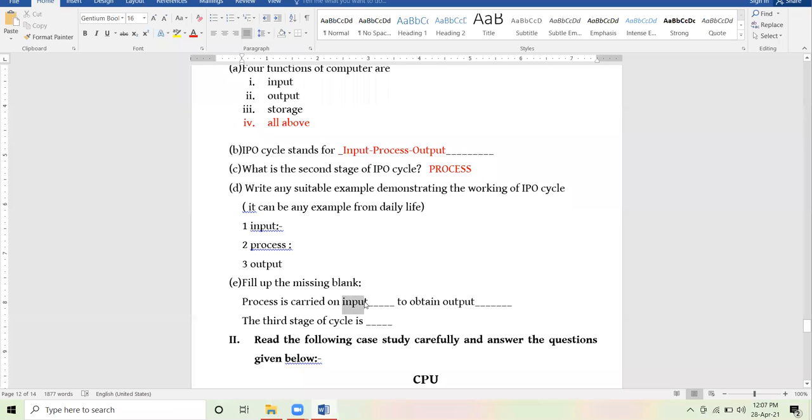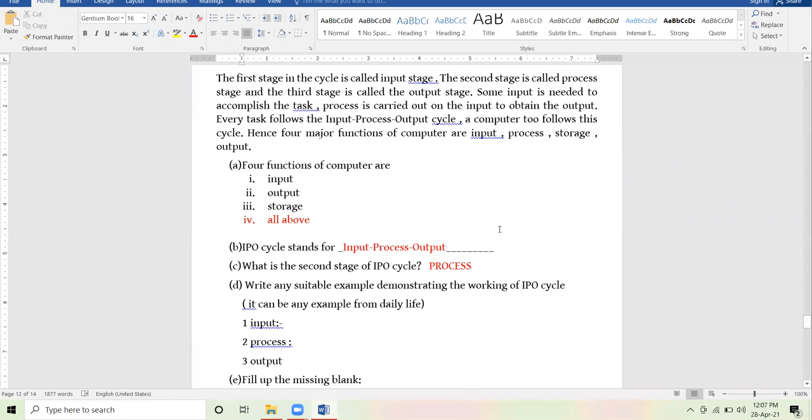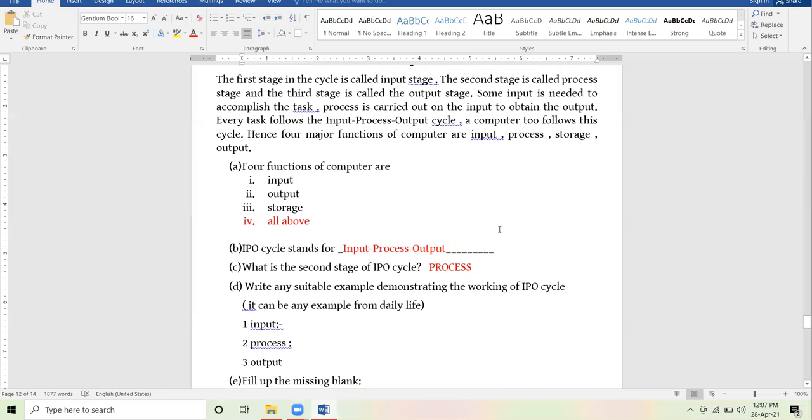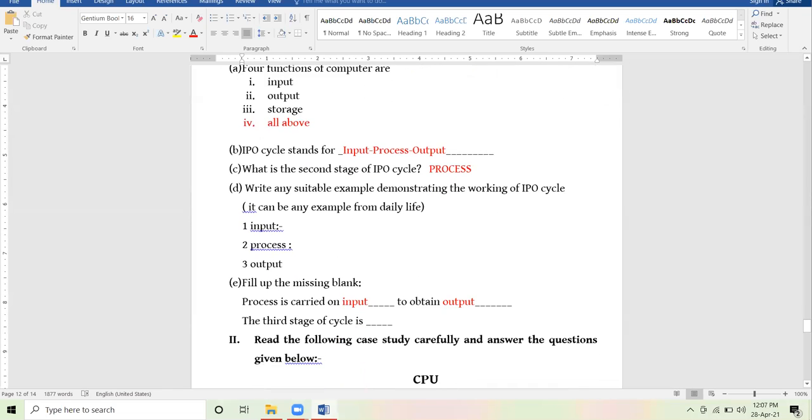Very good, Kanish. Nice response. All right. Ishani, the third stage of the cycle is storage. No, beta, it is the output stage.